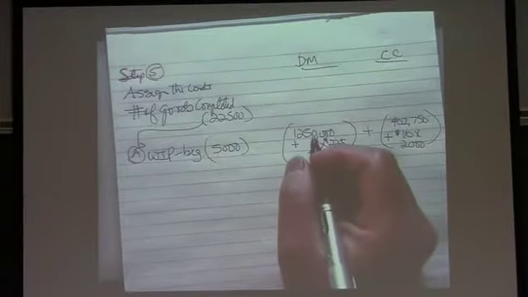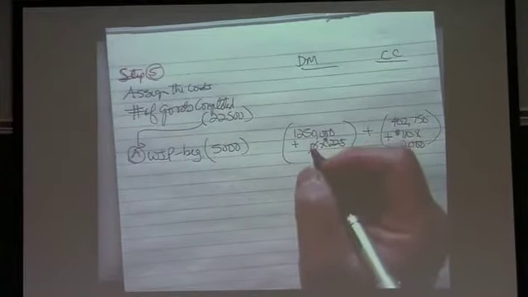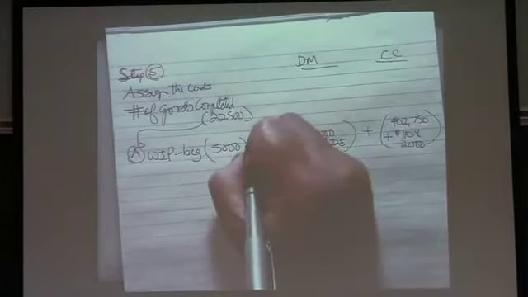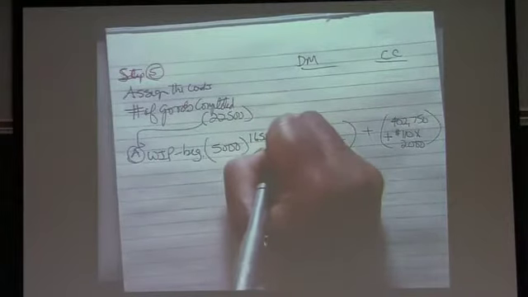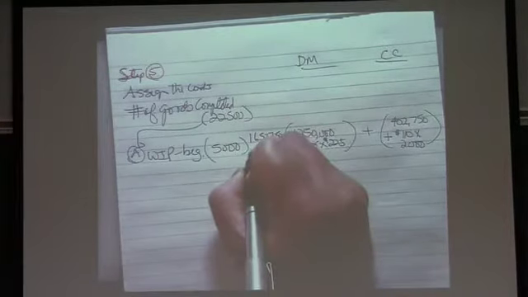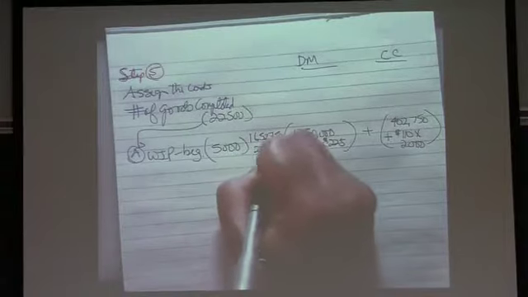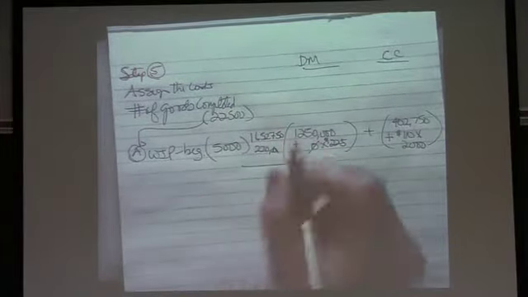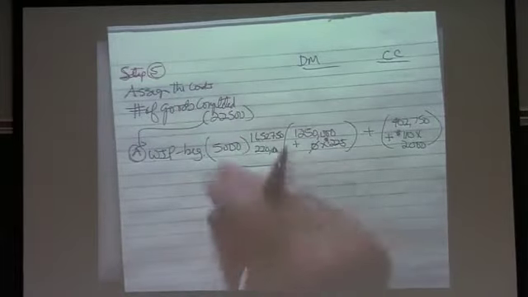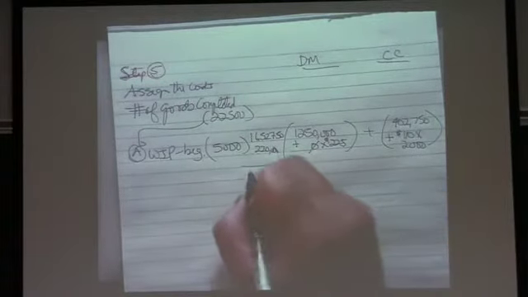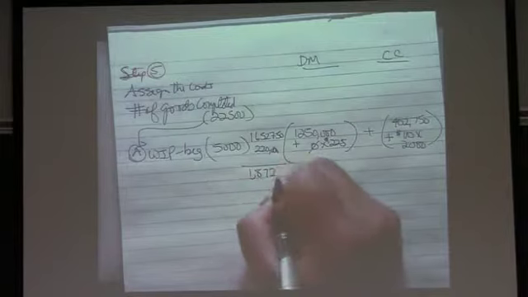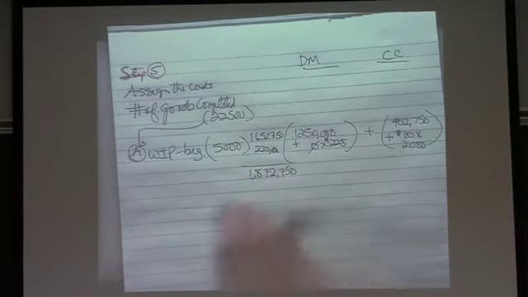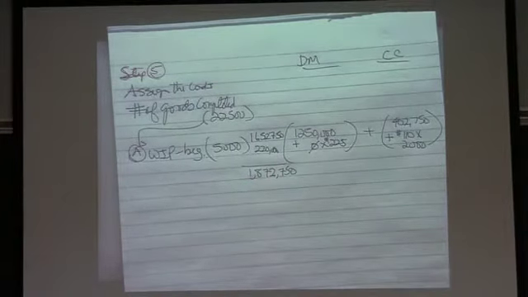And that gives us 1,652,750 plus 220,000. So these 5,000 units cost us 1,872,750. That's now going to be transferred to the testing department.